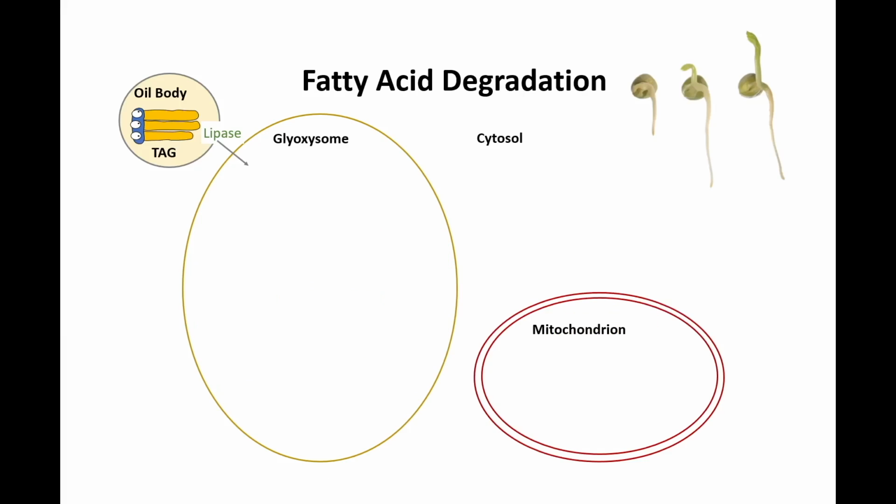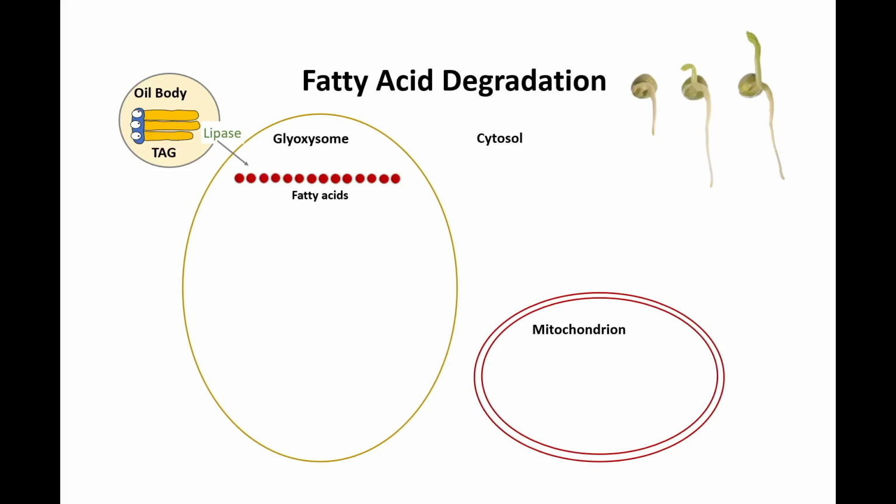Lastly, I want to talk about the breakdown of fatty acids, which is extremely important for the germination of oil-containing seeds. At the beginning of germination, storage proteins are degraded into amino acids, which are used to make enzymes. One enzyme called lipase is made to hydrolyze the TAG stored in the oil body back to glycerol and fatty acids.